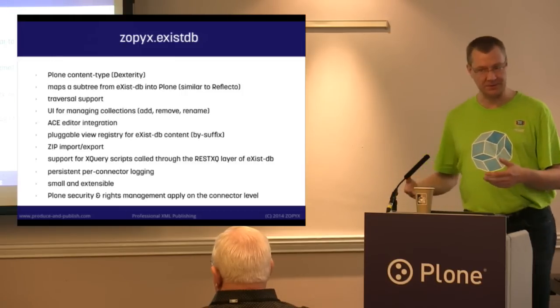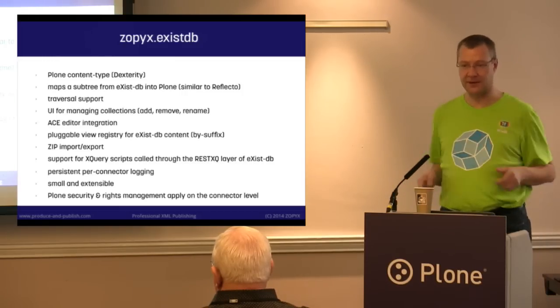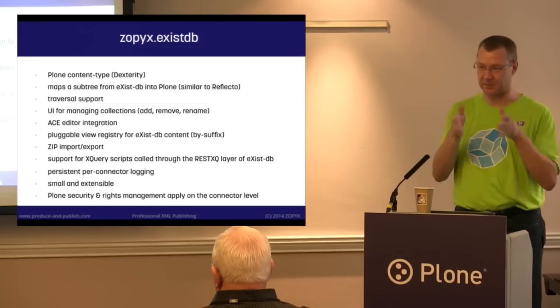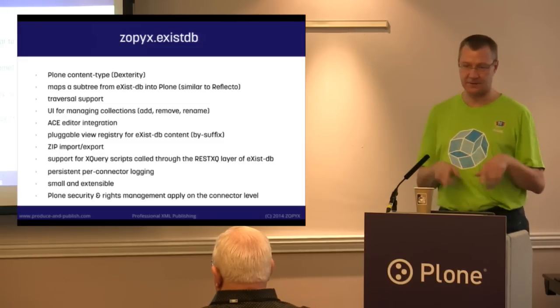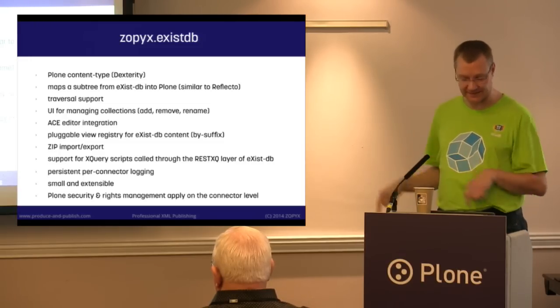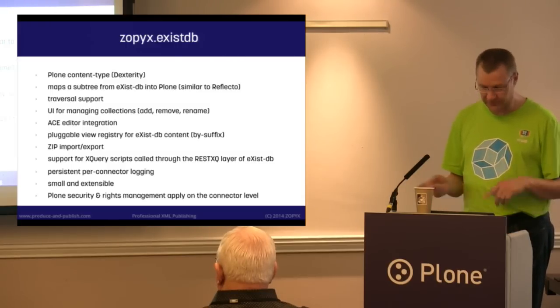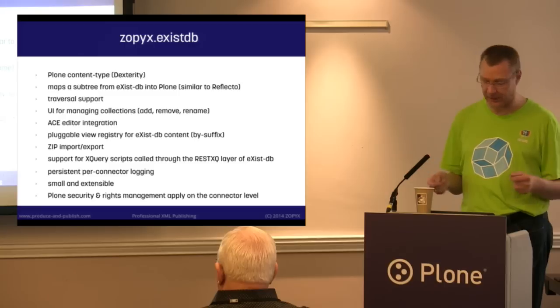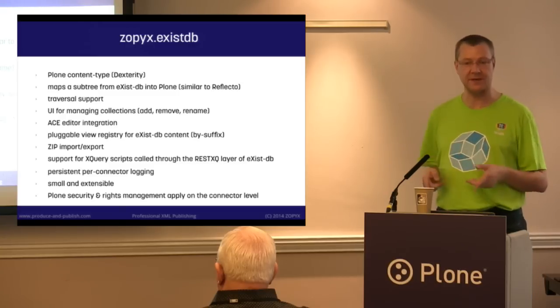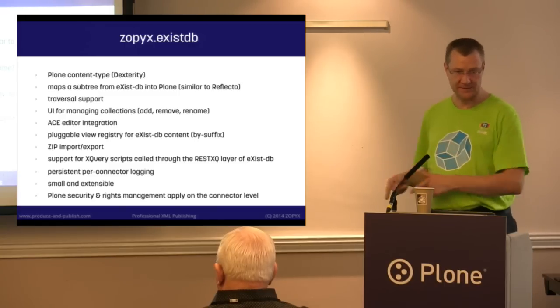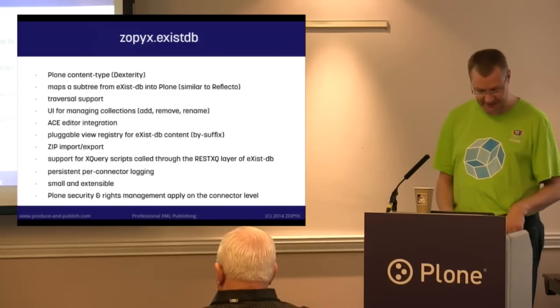Reflector gives an option to say, okay, here's a folder on the file system, and then you have some object, and you can traverse into this Reflector and access the file directly from Plone. With full traversal support means you can traverse to the object and then traverse from the object into the subtree represented by the connector.